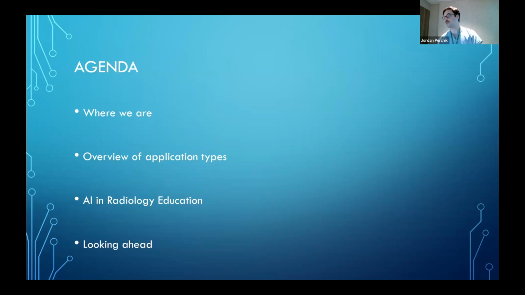So what I'm looking to do today, I want to start with looking at where we are. We're going to talk about the different types of AI applications that you can see currently in clinical practice. We're going to talk about how we are approaching AI in our radiology training. And then we're going to close by looking ahead into where we expect this field to be going in the near future.